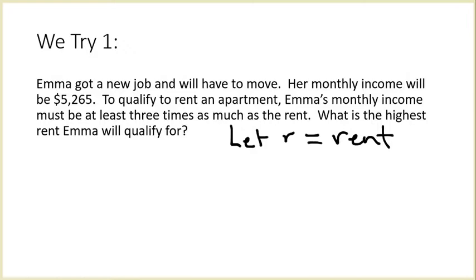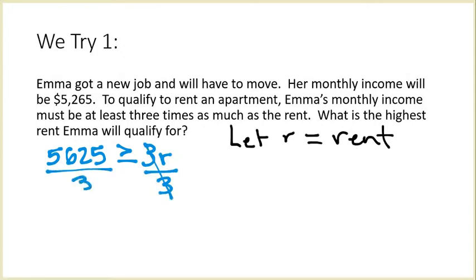So that means that her monthly income, $5,625, must be greater than or equal to 3 times her rent, or 3 times R. So I'm going to divide both sides by 3, and I'll get 1,755 is greater than or equal to R. So her maximum rent is $1,755.